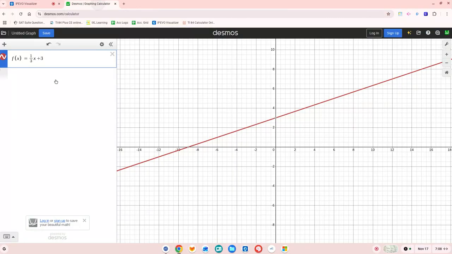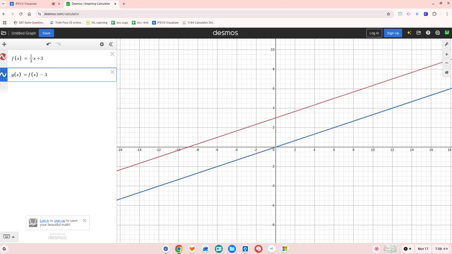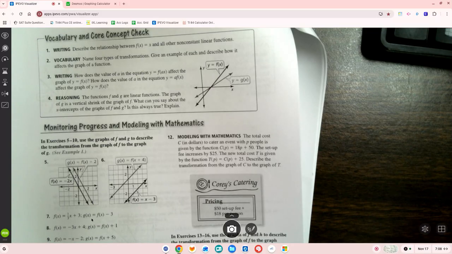Let me type that in. Okay, so g of x equals f of x minus 3. And you notice the blue line has been translated down 3 units, so that's what I would write for the answer for 7. g of x is a vertical translation 3 units down from f of x, okay?